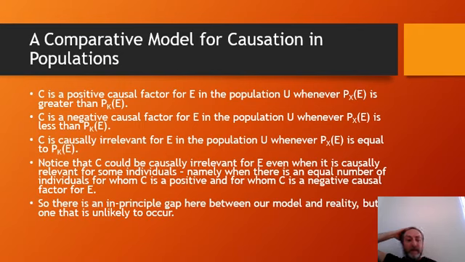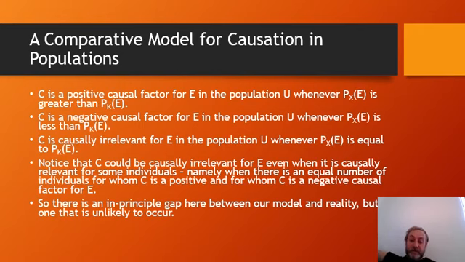And then if the two are equal, the probability does not change. So if in the population where everybody smokes, the probability of cancer is exactly the same as the population where nobody smokes, then we would say that it's causally irrelevant.